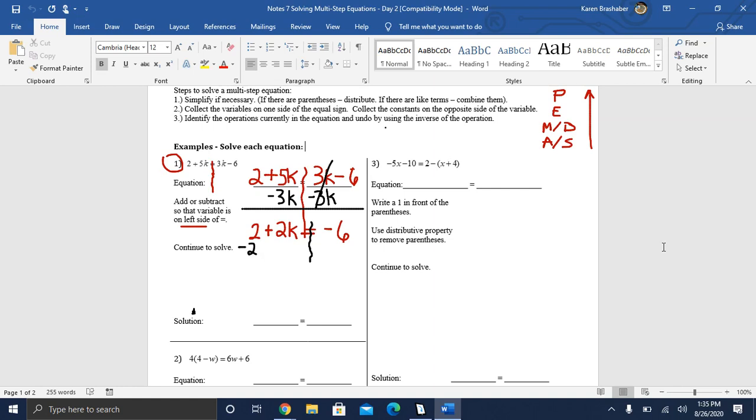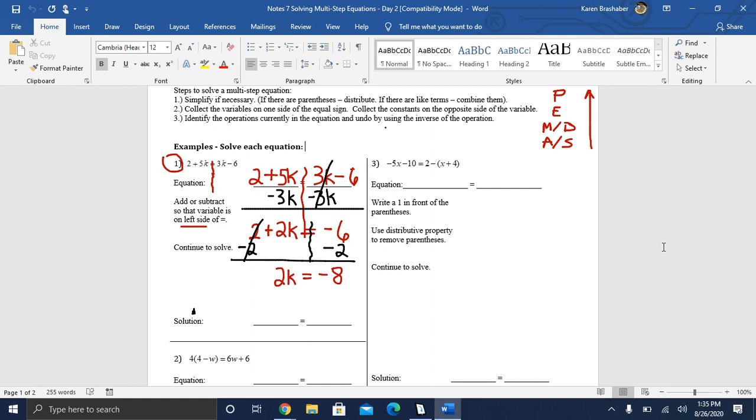I want to zero out this 2, so I'll subtract from both sides of the equal sign. And that will zero out, making me just have 2k on that left-hand side. Don't forget your equal sign. And then negative 6 minus 2 is negative 8. Feel free to use a calculator if you need it.